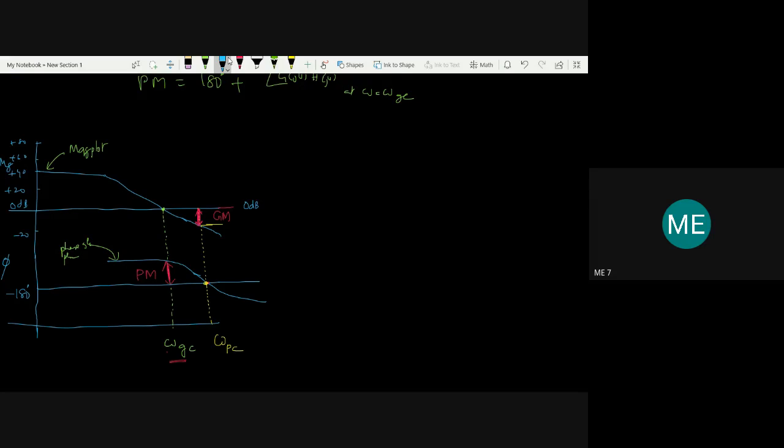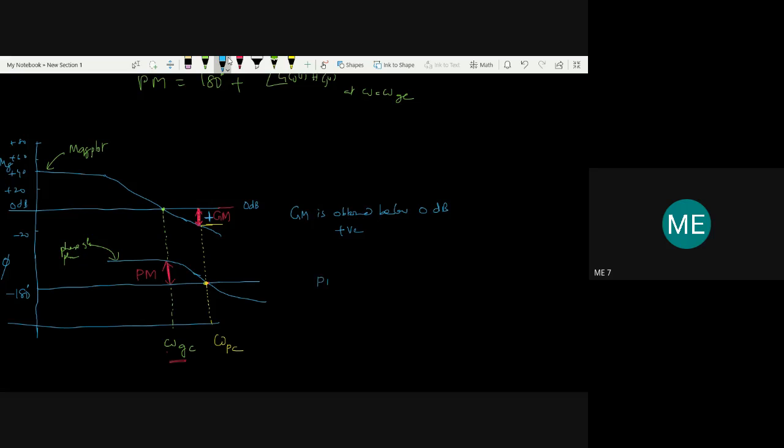See here, if the point of intersection is below the 0 dB line, the gain margin obtained below the 0 dB line is said to be positive. So here I can say it is a positive gain margin.